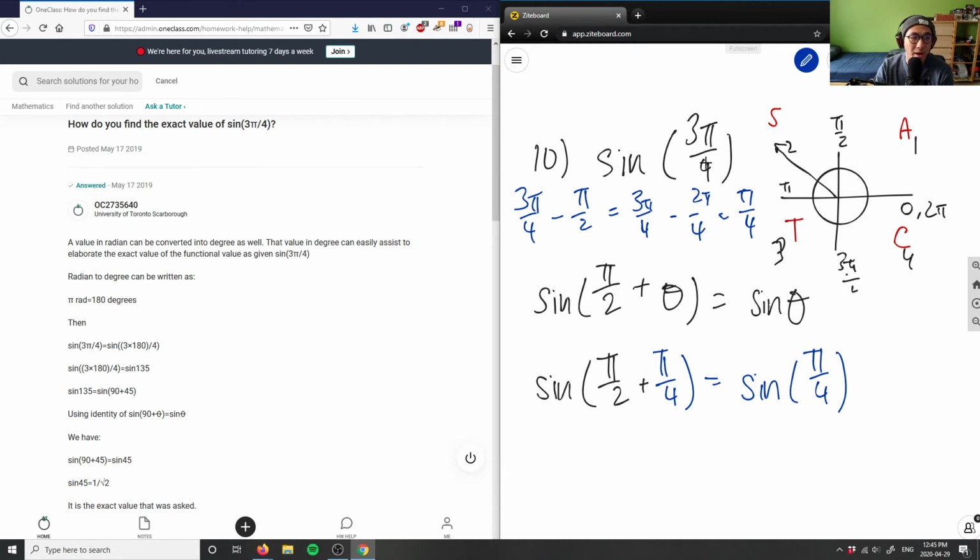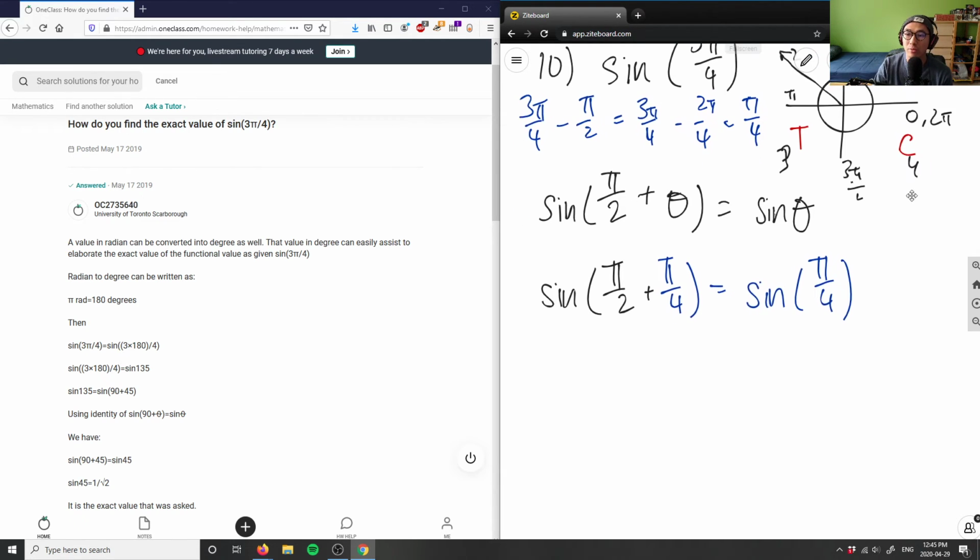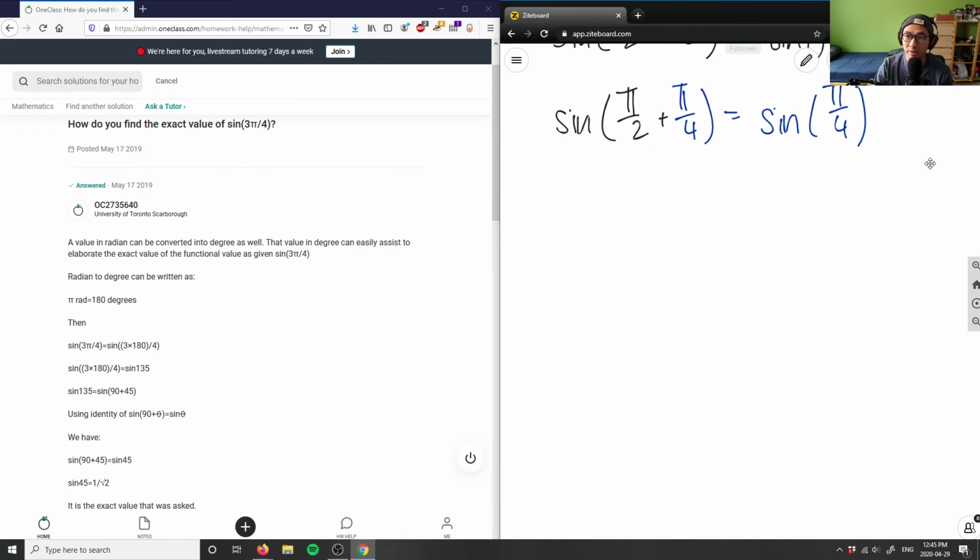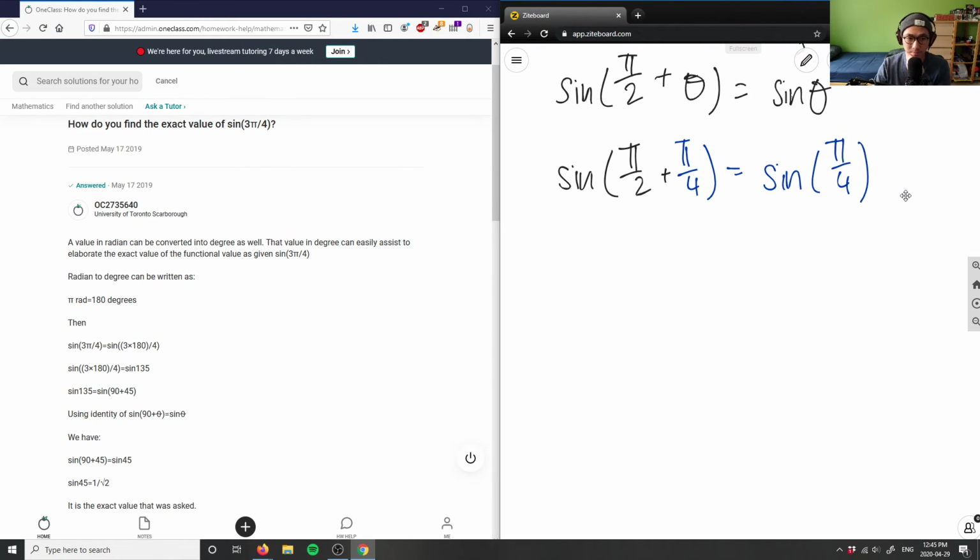And what's sine of pi over 4? Well, we know that through our special triangles, which give us our trigonometric ratios and exact values. Let me just draw out the special triangles for you. They're both right angle triangles, but pi over 4 specifically is the 1, 1 triangle, right?